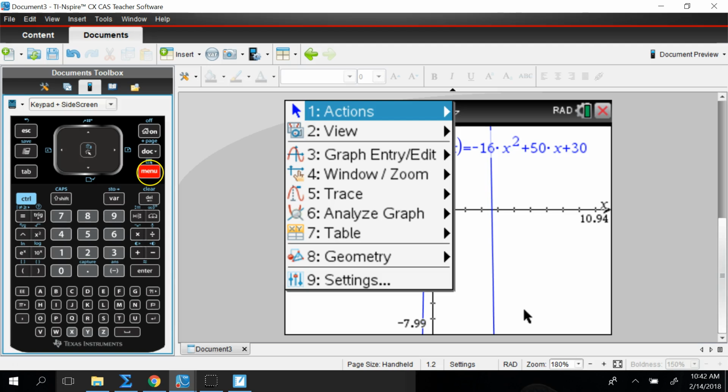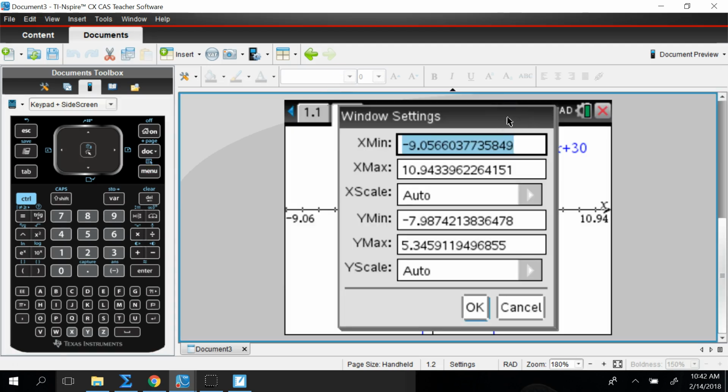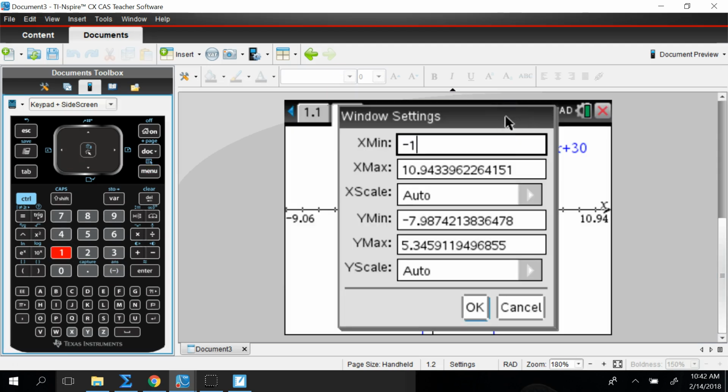So 4. Let's go 5. I like 5. 5's a good number. And I'm going to go by a scale of 1. Again, I like to know what my scale is. Y's. Do I need below ground? No. But do I want to see the ground? Yeah. So I'm going to go negative 10 there. Now, how high do you think that ball's going to go?